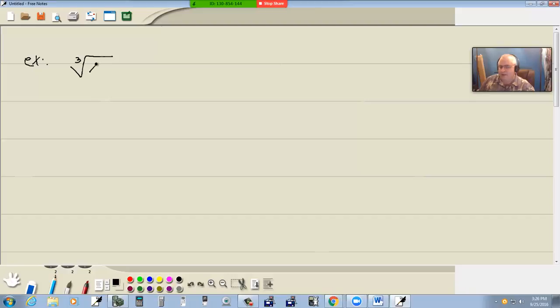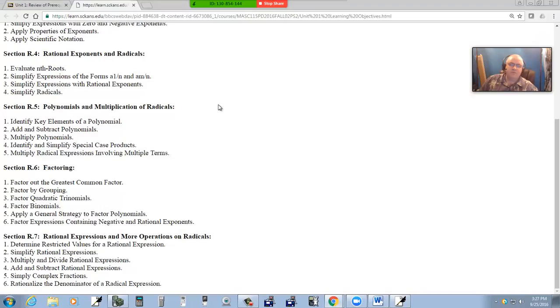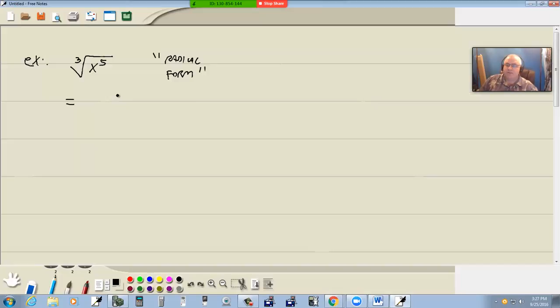Cube root of x to the fifth. Now this is radical form. And they're specifically talking about rational exponents. So rational exponents.